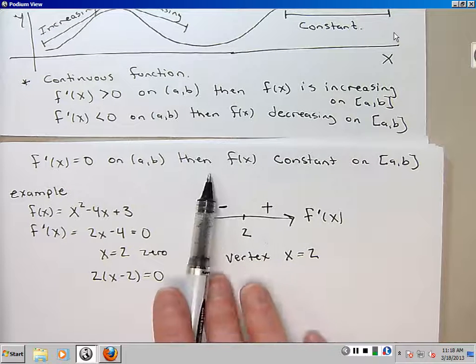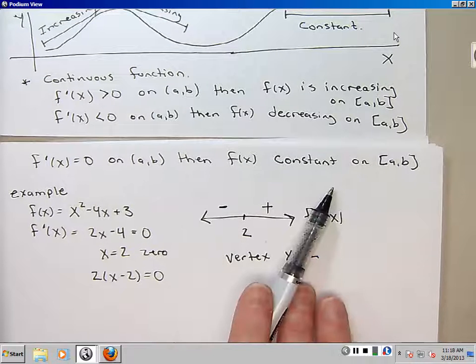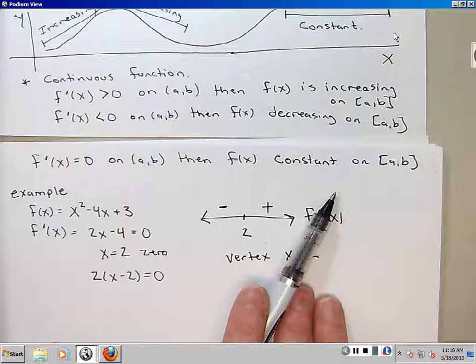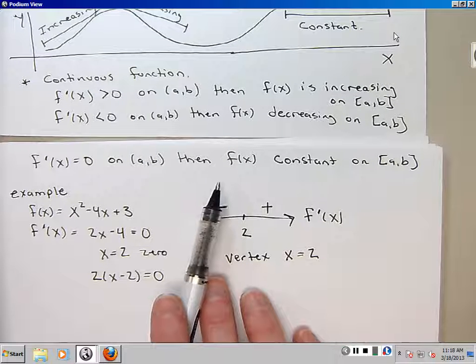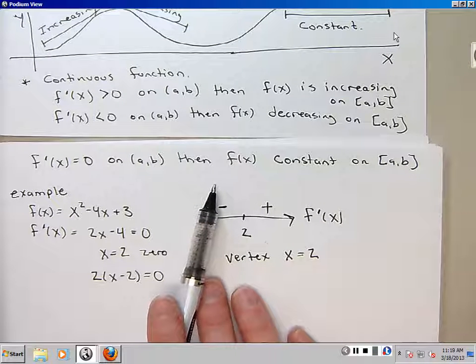My function is decreasing until x equals 2, then it's increasing. So if this had to do with some kind of maximum or minimum problem, let's say I wanted to minimize price.